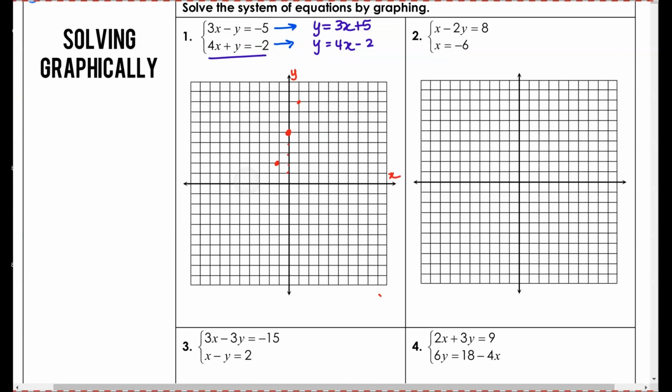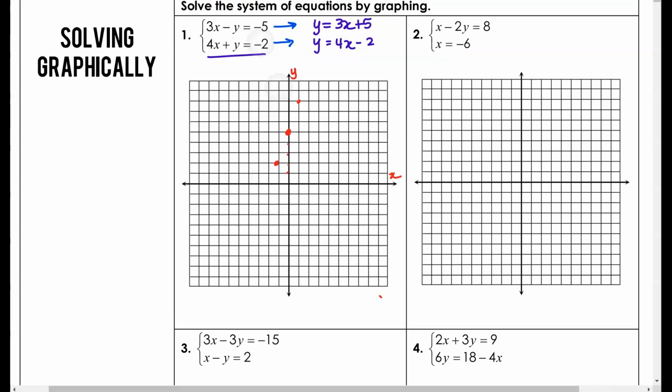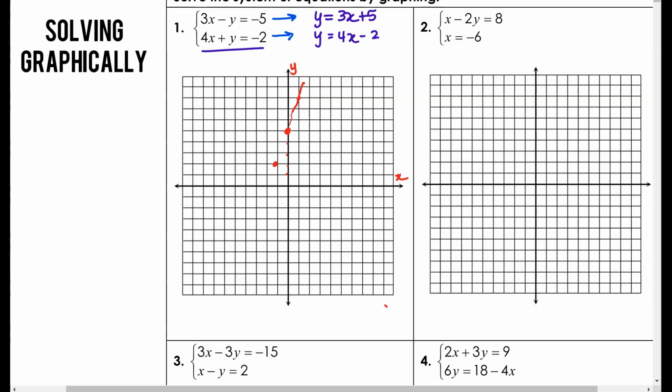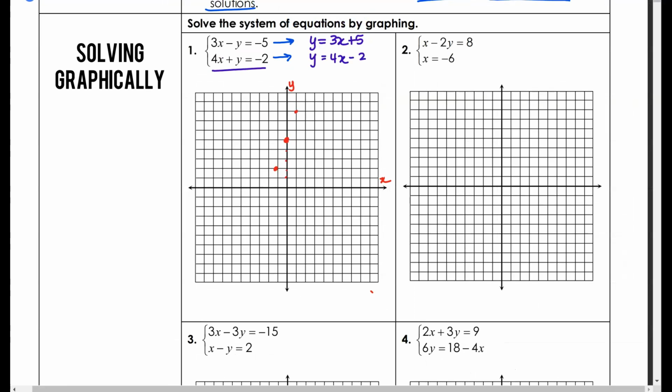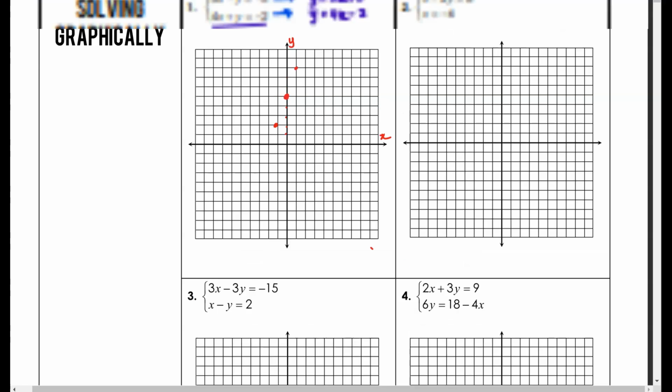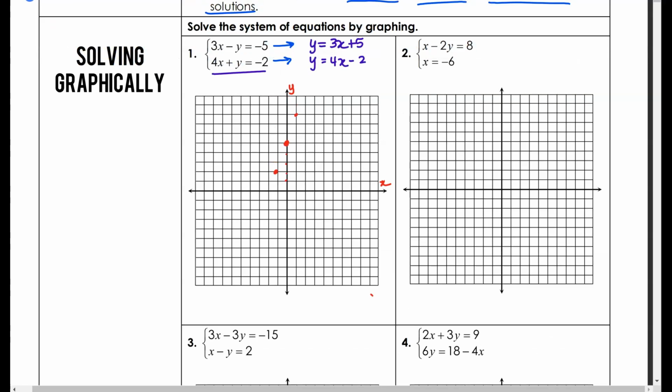So we're going to have a line that looks like this. Let's see if I can draw a straight line here. Okay, so it goes on like that.